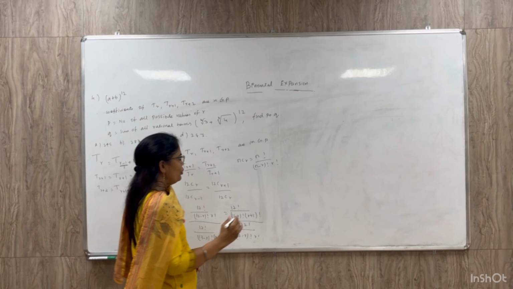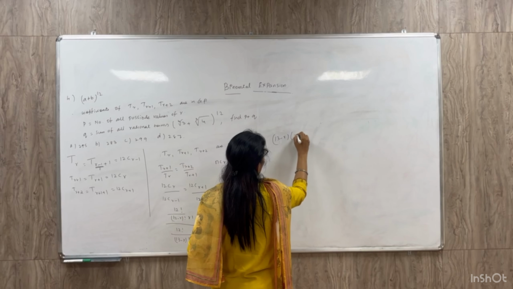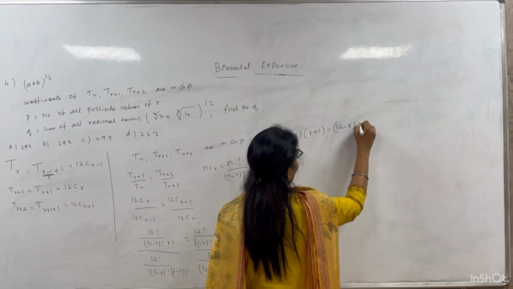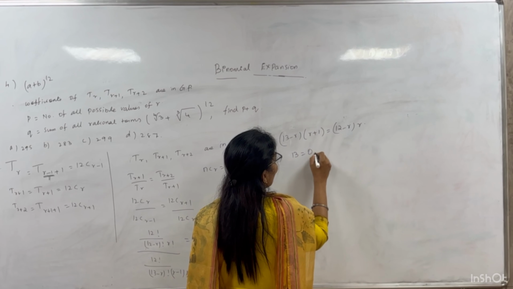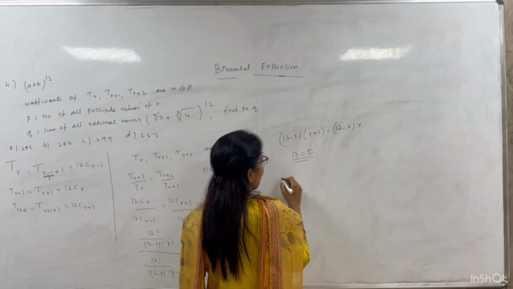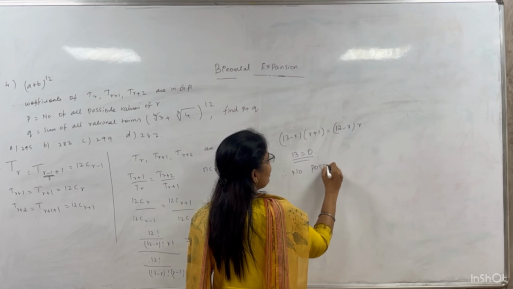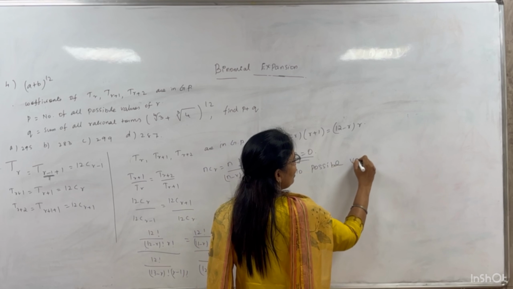Simplify this, and you will get (13 minus r)(r plus 1) is equal to (12 minus r) into r. So 13 is equal to 0, which cannot happen. R squared itself is getting cancelled, so no possible values of r.